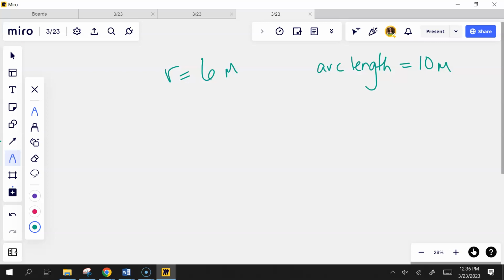But what's it really in right now? What are the degrees or radians? You tell me. You don't have to have a pi to be in radians.